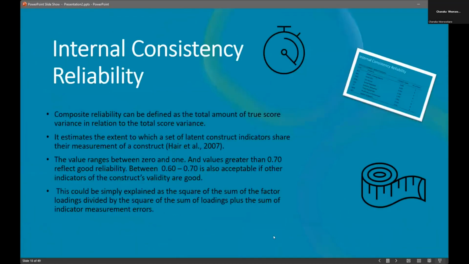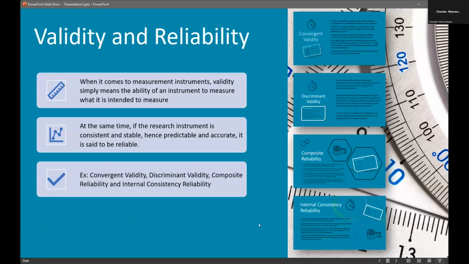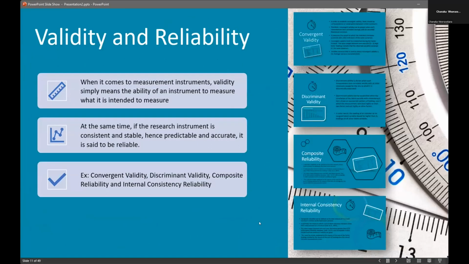So that is basically validity and reliability. Yes, sir. So to conduct this reliability, we should do a pilot test? That's what I mentioned just now. Normally, the way that we should do it is, before we go into the main survey, we first should do a pilot survey.